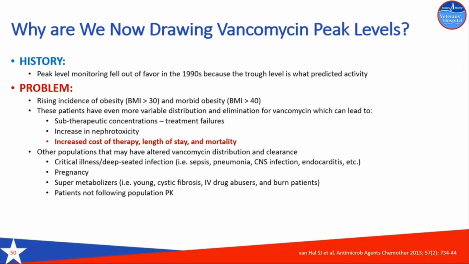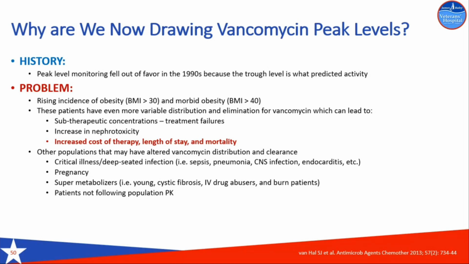In some cases, we're using higher doses to account for that higher body mass, and that can lead to an increase in nephrotoxicity, all of which can increase the cost of therapy, the length of stay, and ultimately mortality.